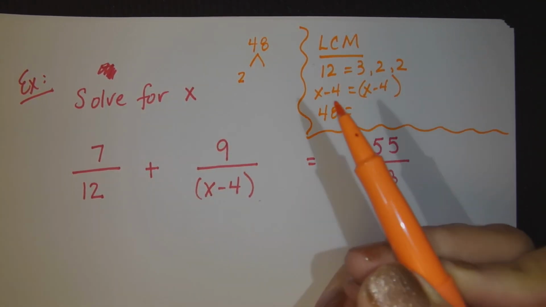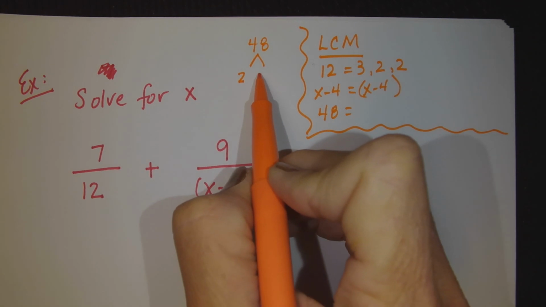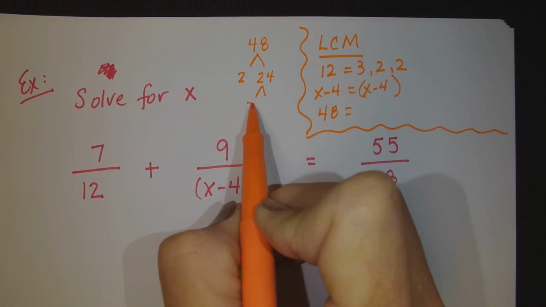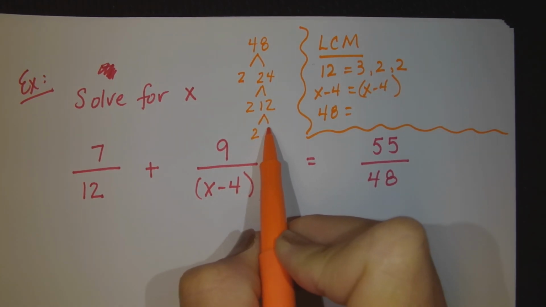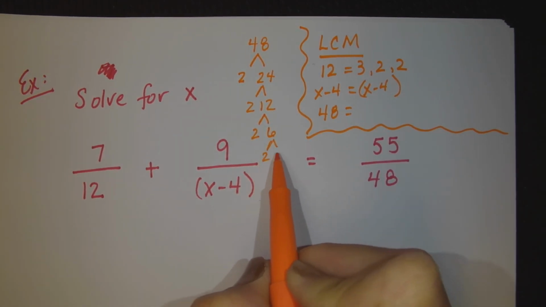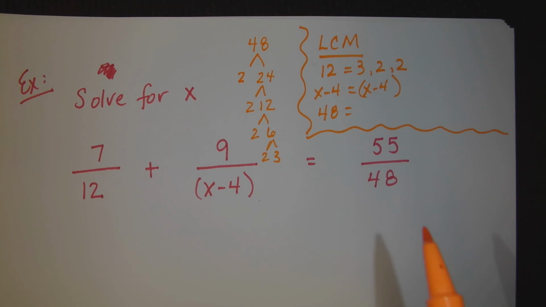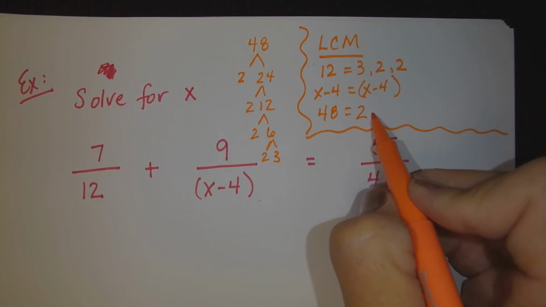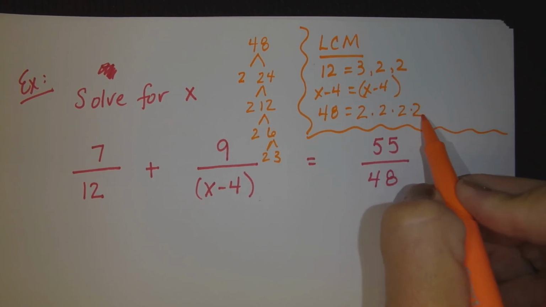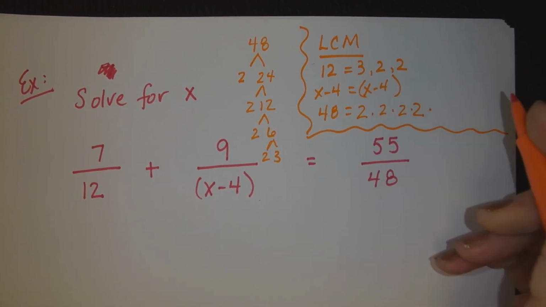So, well, I'm going to start with 2. Okay, 2 and 24, 2 and 12, 2 and 6, and then you have 2 and 3. Same thing. So how many 2s do we have? 4. 2 times 2 times 2 times 2 times what's left? 3.